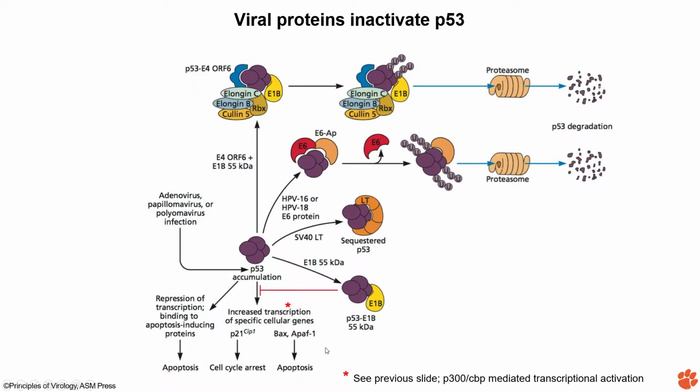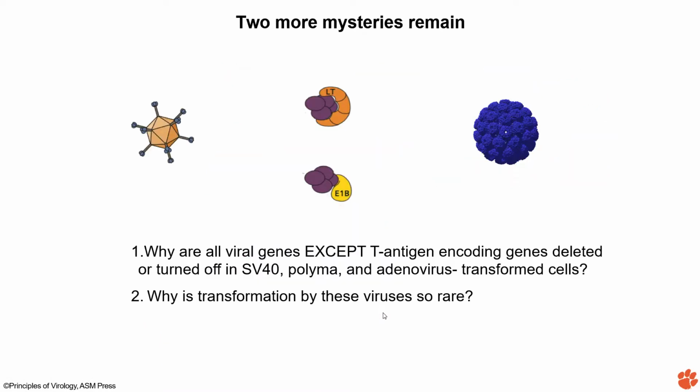These are not expressed because p53 is degraded. So that's how the viral proteins, you can see adenovirus E4, E1B, human papillomavirus 16 E6, SV40 LT, adenovirus E1B, all of them basically inactivate p53. Along with RB, the cell cycle goes on.